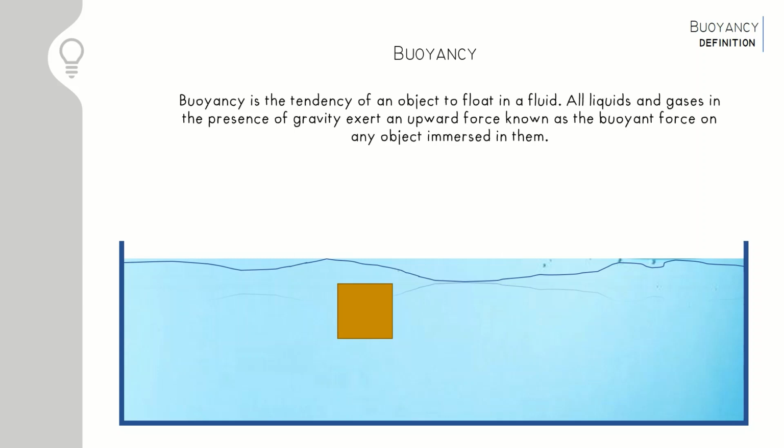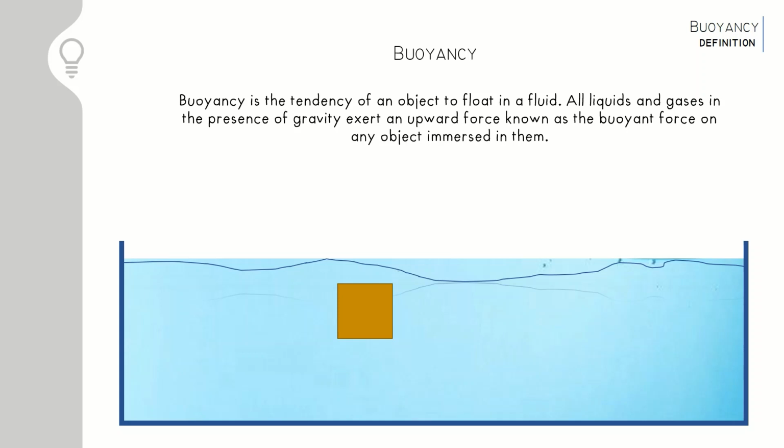Buoyancy is the tendency of an object to float in a fluid. All liquids and gases in the presence of gravity exert an upward force, known as the buoyant force, on any object immersed in them. Buoyancy results from the differences in pressure acting on opposite sides of an object immersed in a static fluid. As we know, the pressure in a fluid column increases with depth.